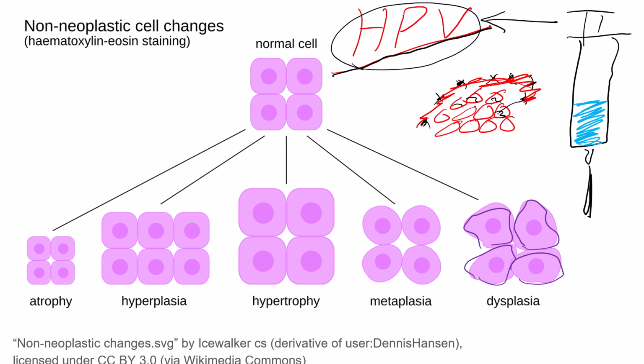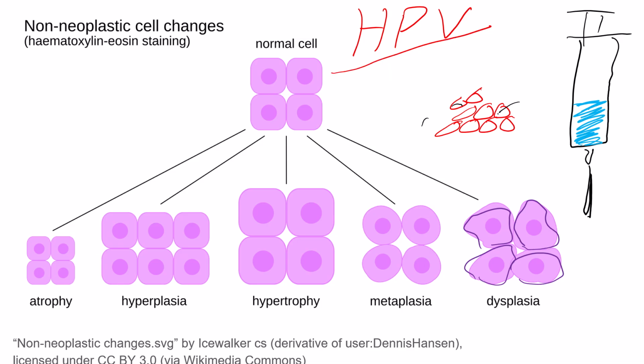Yeah, your body can kill the virus and get rid of it. And then that can help protect you so you don't get cancer. And also, maybe a woman already has the HPV virus, and some of her cells are getting dysplasia.